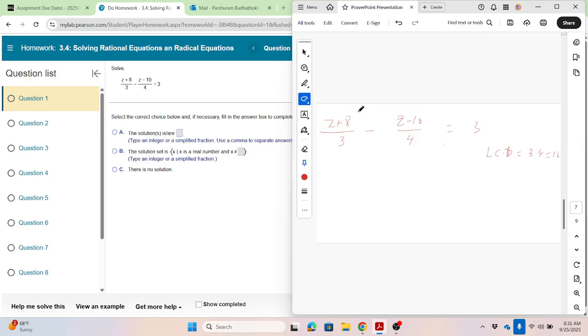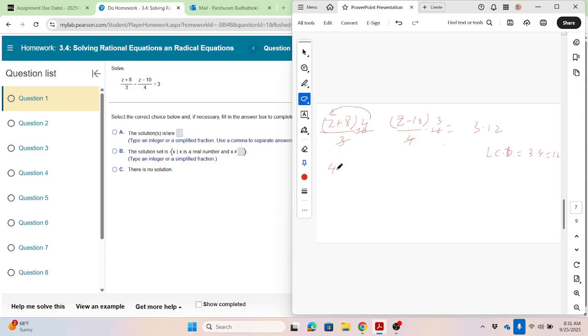If you multiply both sides by 12, that means you are dividing 12 by 3, which is 4. You are dividing 12 by 4, which is 3. So it's going to clear up this fraction. And then after that, you just distribute this number.